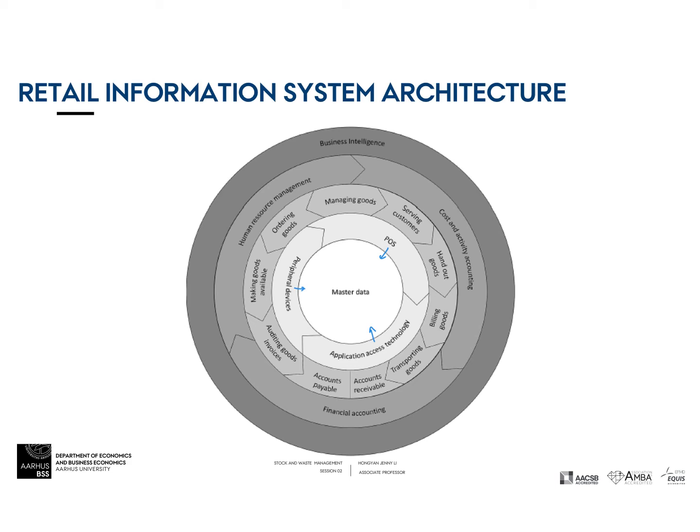And then the function is the next circle. You can see we have ordering goods, managing goods, serving customers, handing out goods, billing, transportation, accounts receivable, accounts payable, auditing goods, invoice. So that's more or less operational level support.